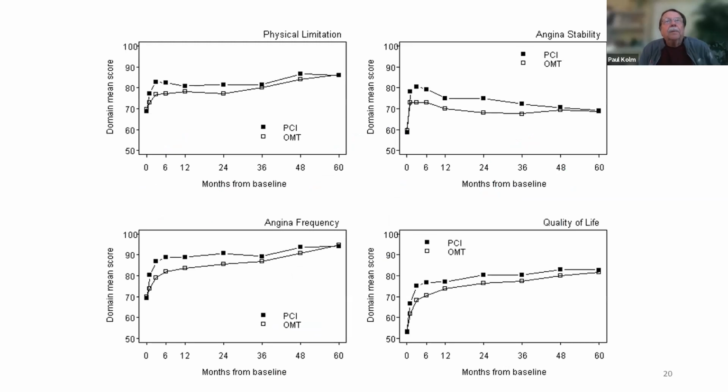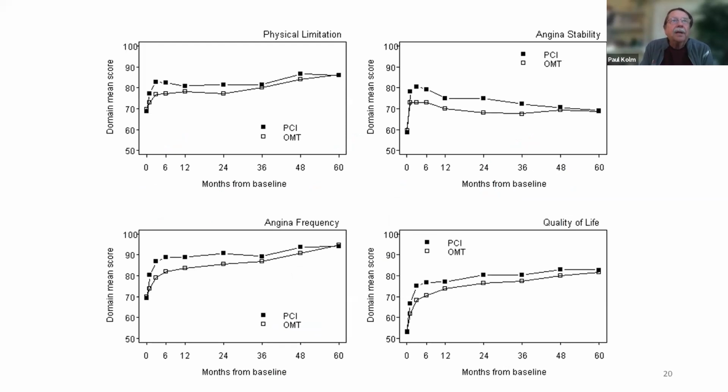And so this is a plot of the means at each time point that we get for each treatment group. And so you can sort of see the trends here for each of the four components of the Seattle Angina Questionnaire: physical limitation, angina stability, angina frequency, and quality of life.